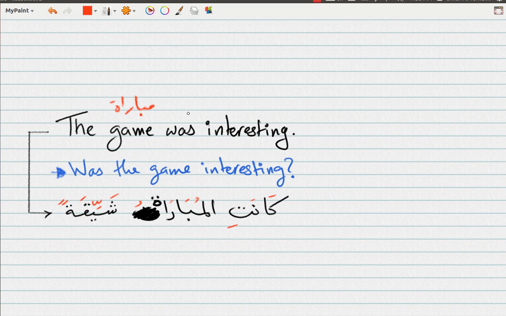And interesting. One of the translations that fits here would be شيقة. Okay, so the sentence, was the game interesting? If we transform it into Arabic, it would be كانت المباراة شيقة.